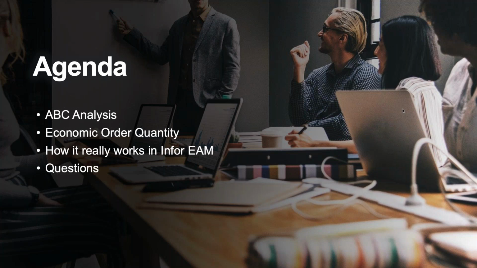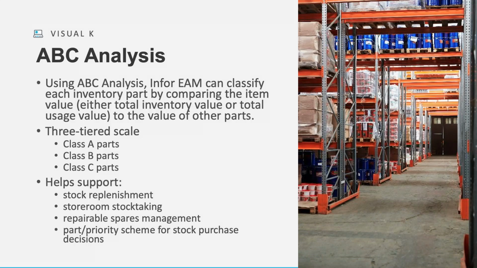From there, we jump into the economic order quantity and how that ties into the ABC analysis, and the actual way to use it through the Infor EAM software. Lastly, we'll go through the questions that you may have and try to answer them as possible. So let's go into the actual ABC analysis.